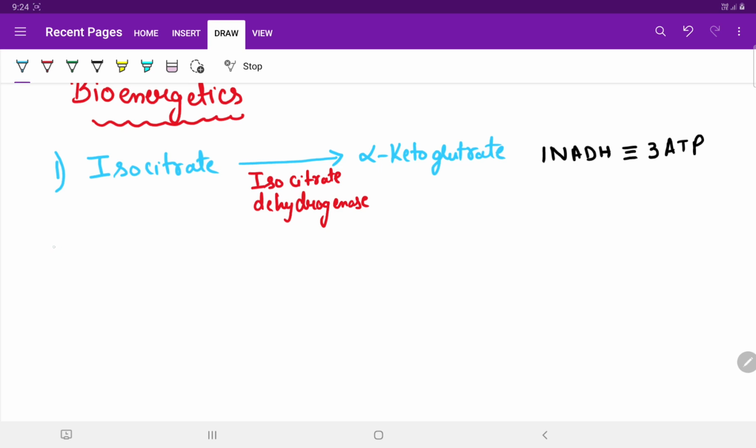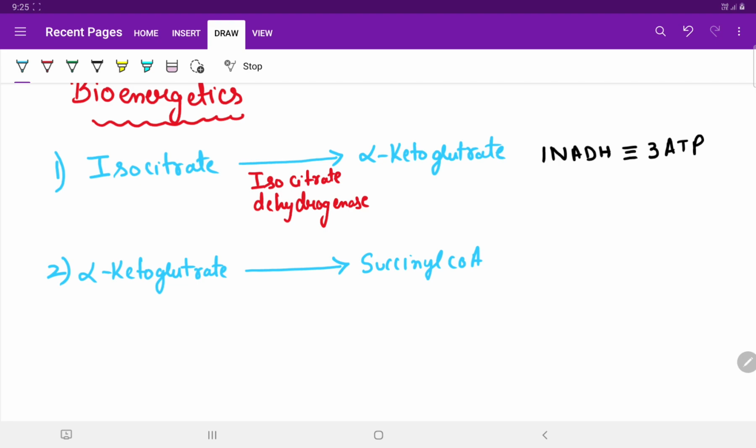So now the second reaction is formation of succinyl coenzyme A from alpha ketoglutarate.